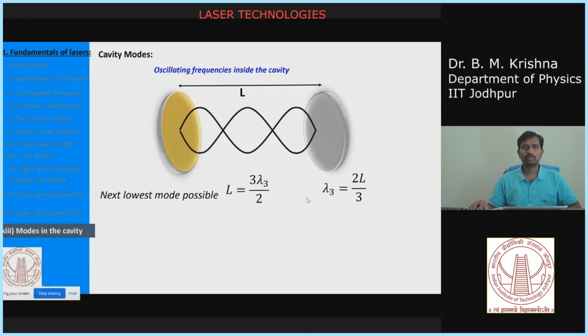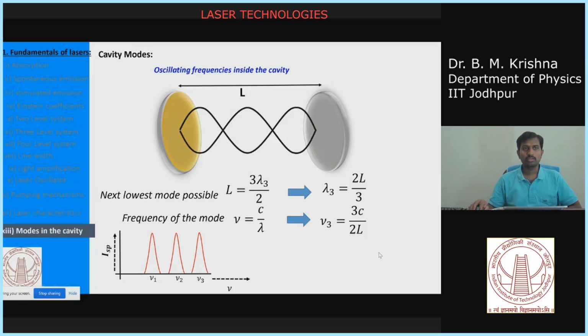So lambda 3 equals 2L by 3. The frequency of the mode is C by lambda, so C by 2L by 3, and the 3 comes into the numerator, giving 3C by 2L. Now you have 3 modes existing in the cavity: nu 1 that is C by 2L, nu 2 that is 2C by 2L, and nu 3 that is 3C by 2L.